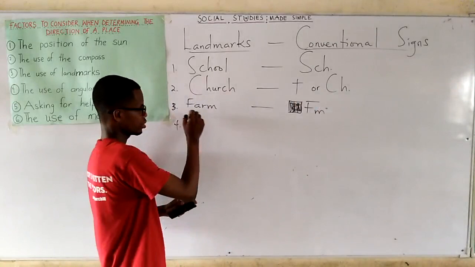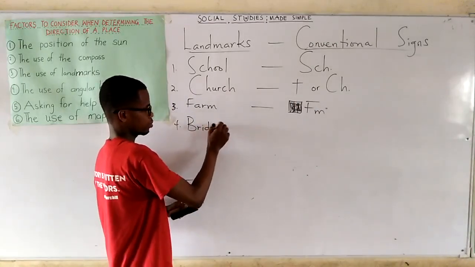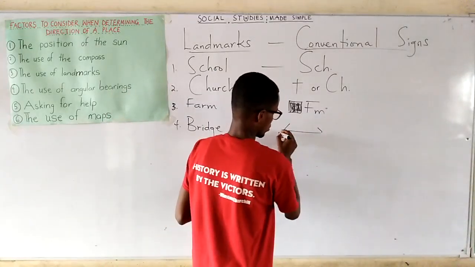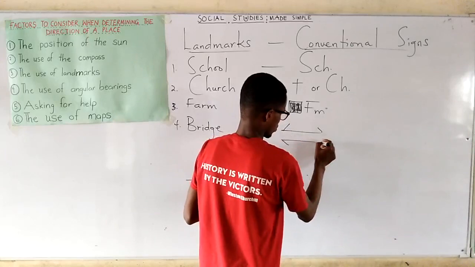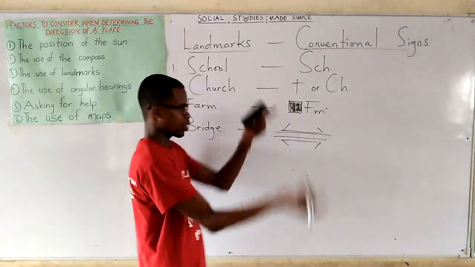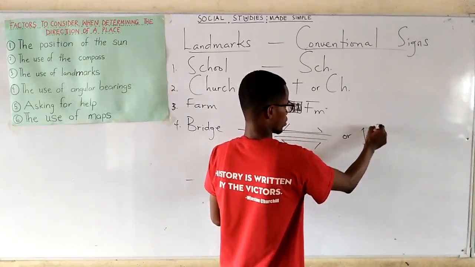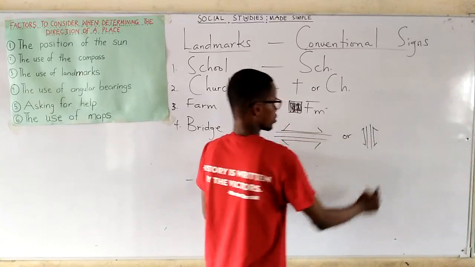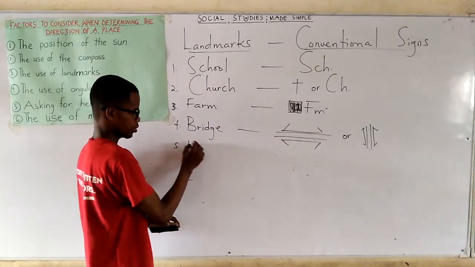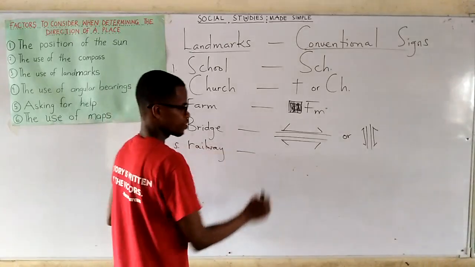Let's see the bridge. You have this, or you can have it the other way. So that's for the bridge. It's a railway.